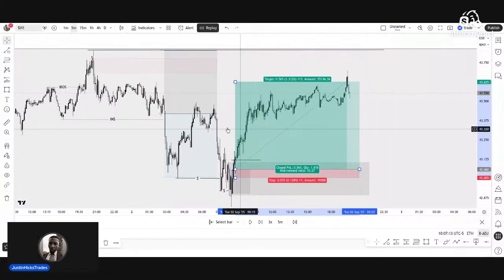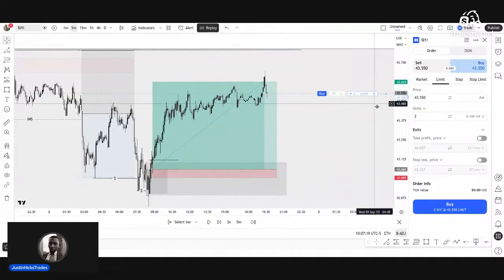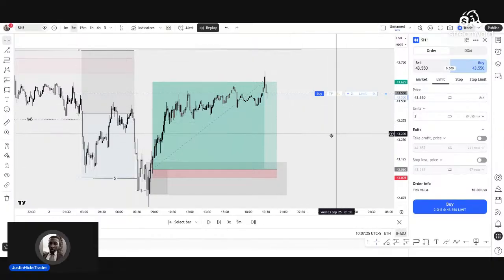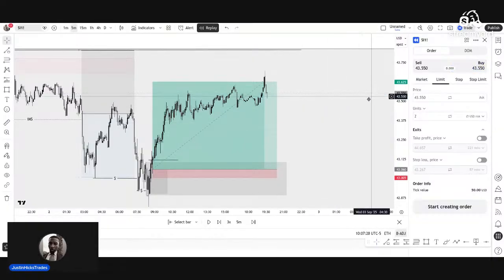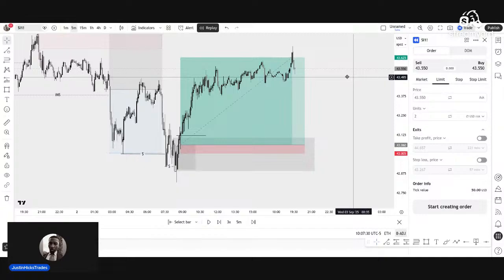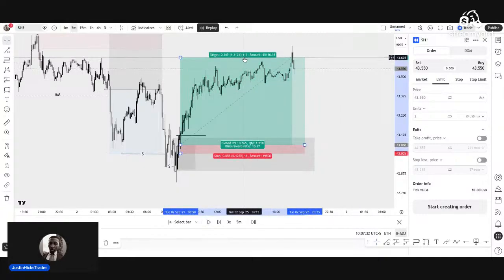And in this scenario, since I'm on silver, every tick is $50. I can't even think right now. Every tick is $50. So 50 times this number, there goes my take profit, which is actually this number. I do 50 times this number, which equals my stop loss, which is this number with an extra zero.